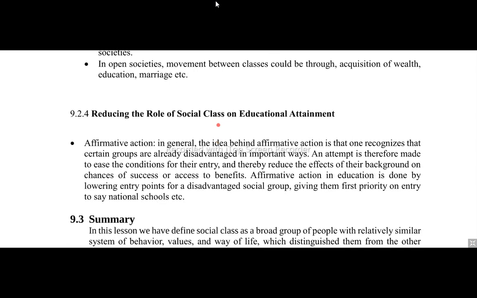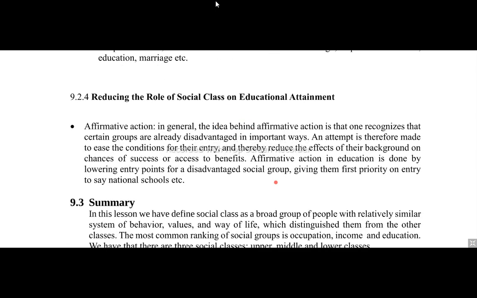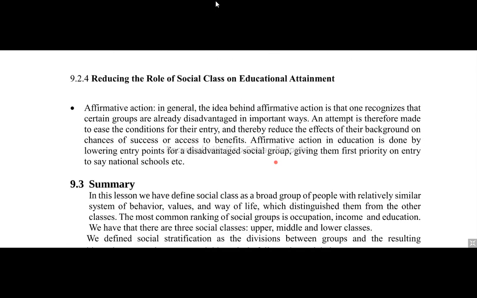Reducing the role of social class on educational attainment. So how can we reduce the role of social class in educational attainments? The first one is affirmative action.